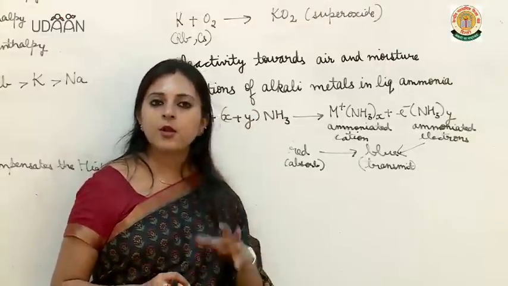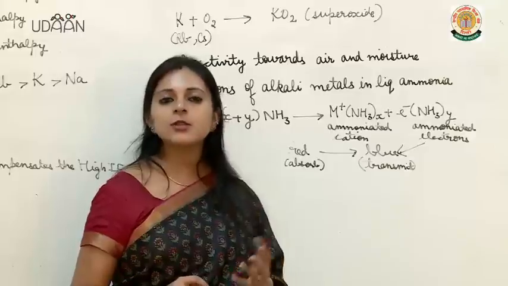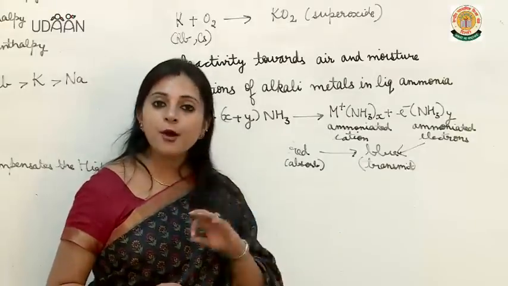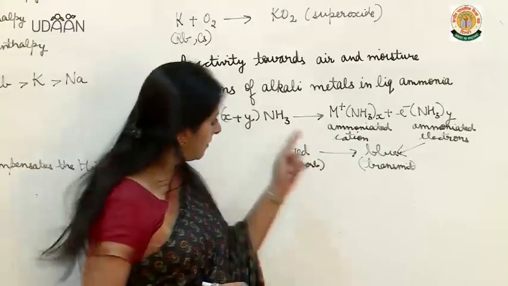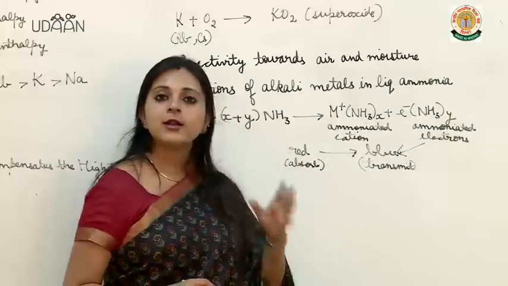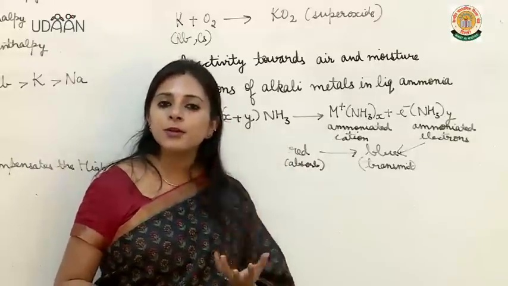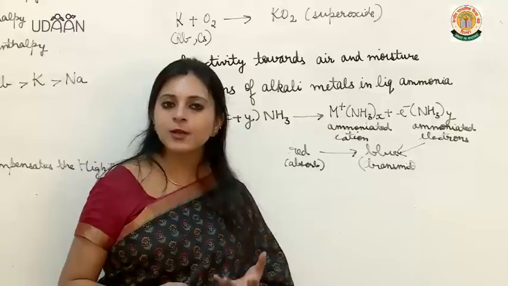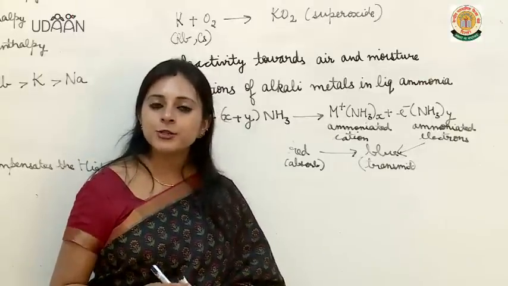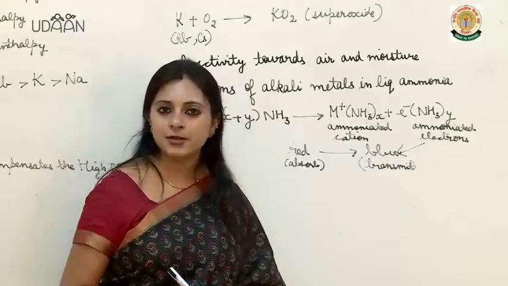Now what happens on increasing the concentration of these solutions beyond 3 molar? Earlier they were blue in color, now they become copper bronze in color. Copper bronze in color, why? Due to the formation of metal ion clusters.